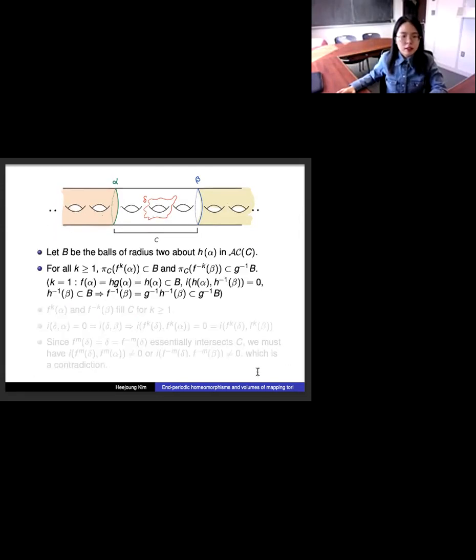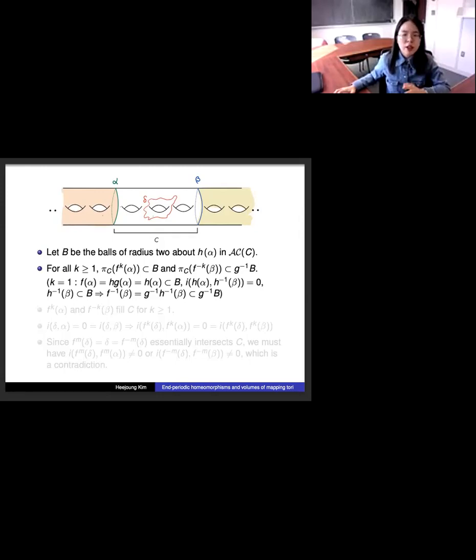Then let B be the ball of radius 2 about H alpha. So H is the shift map. So H alpha. Then we use an inductive argument.